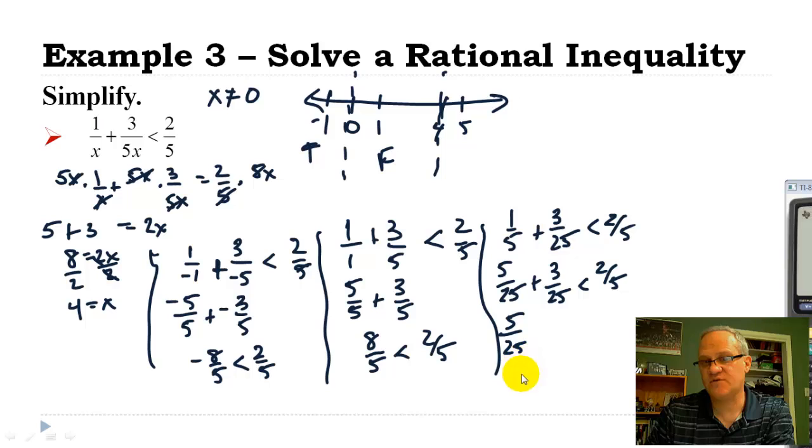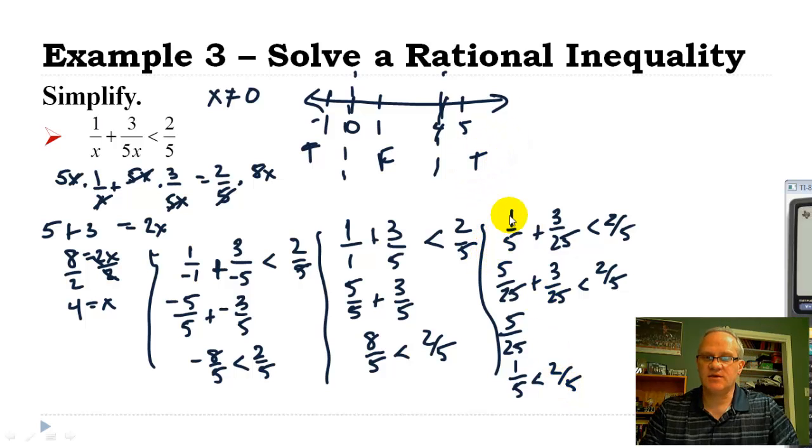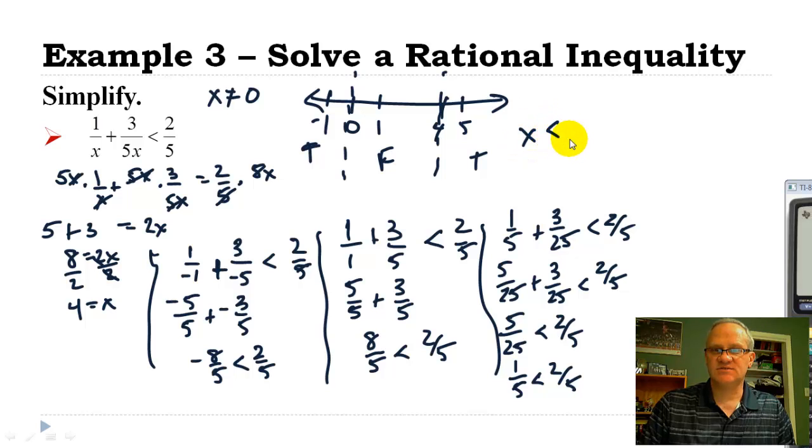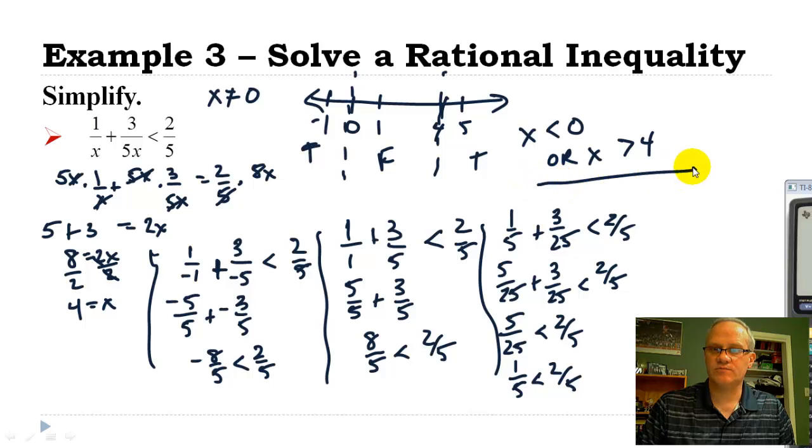Divide by 5, divide by 5. That'd be 1/5. So is 1/5 less than 2/5? Yes, that is. So it looks like it's true to the left of 0 and to the right of 4, and so our answer here would be that x has to be less than 0 or x has to be greater than 4.